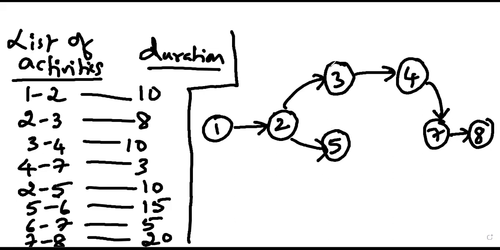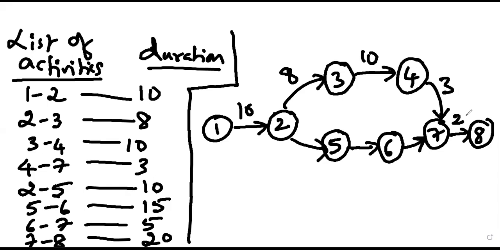The important aspect here is you have to indicate the arrows so that we can get to know where exactly the activity has finished. 2-5 is done. And 1-2 is 10, 2-3 is 8, 3-4 is 10, 4-7 is 3, 7-8 is 20, 2-5 is 10, 5-6 is 15, 6-7 is 5. So these are the different activities.